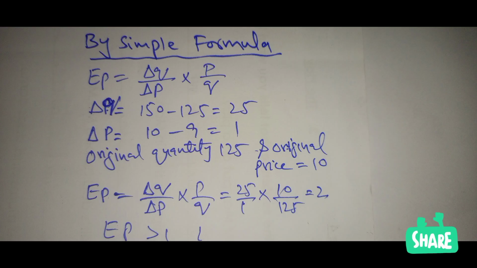Now the original quantity was 125 units per day, and the original price of pen was 10 rupees per pen.